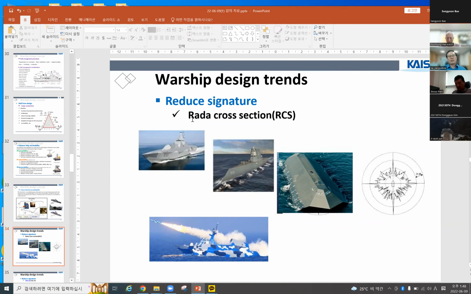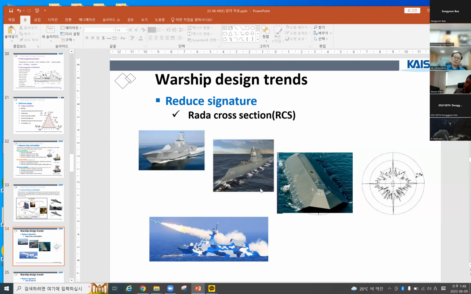First, let's reduce the signature. From the survivability point of view, we have to reduce the signature. For that, radar cross-section. Radar cross-section means if we radiate radio signals and the response comes back, then we can catch the radar systems, the target, the characteristics, range, and bearing.